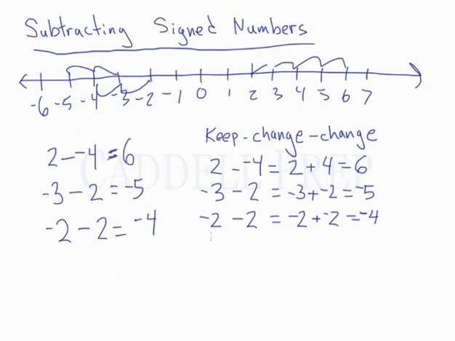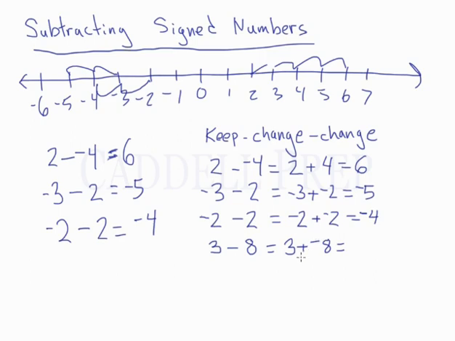Okay, let me show you another example. If we had 3 minus 8. This isn't too bad because they're both positive. But we're subtracting more than we have. So you should expect the answer to be negative. You're spending more money than you have. But let's solve it using keep, change, change. So we keep the 3, change the minus to a plus, and change the +8 to a -8.